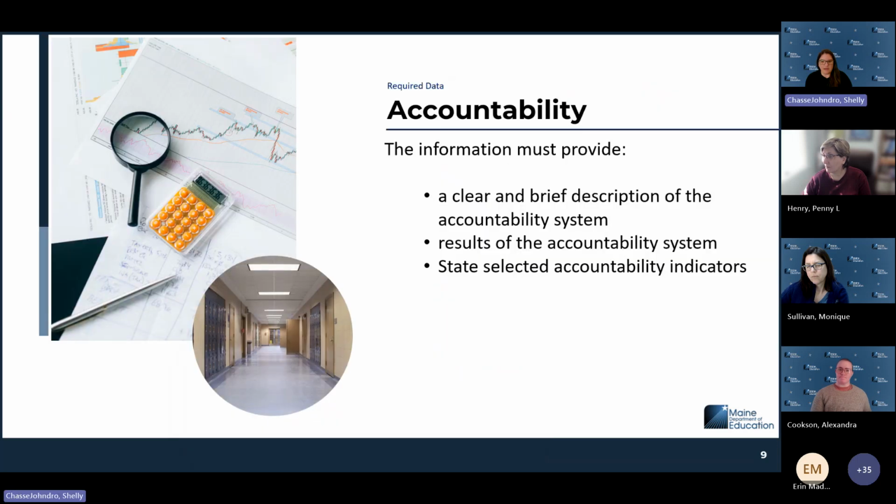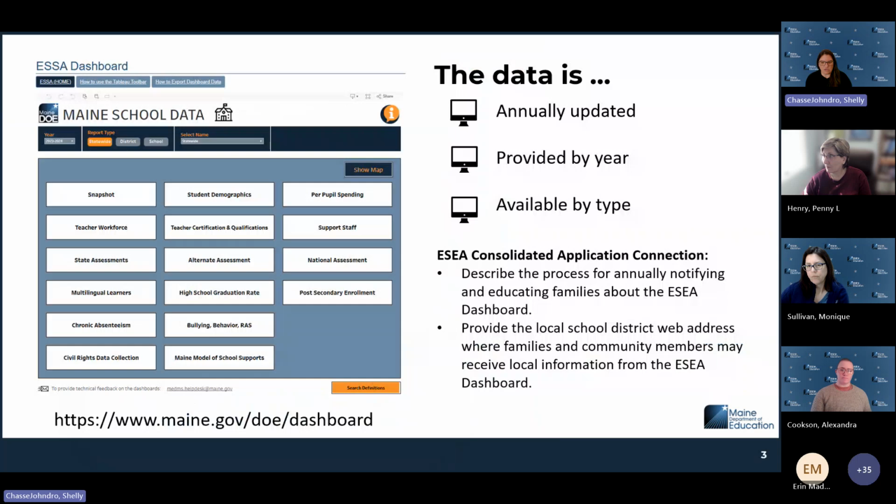At this time, I'm going to go back to our original slide that has a snapshot of the dashboard. And as you can see, we have some required data sets that I've discussed, but we also have some additional information available on our dashboard, i.e. multilingual learners.